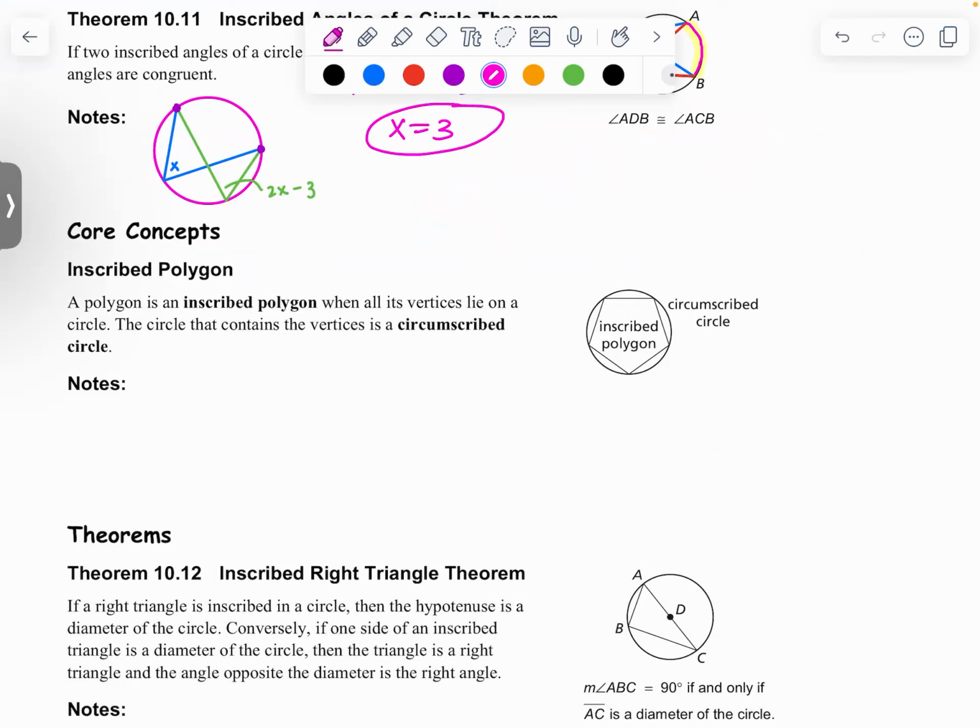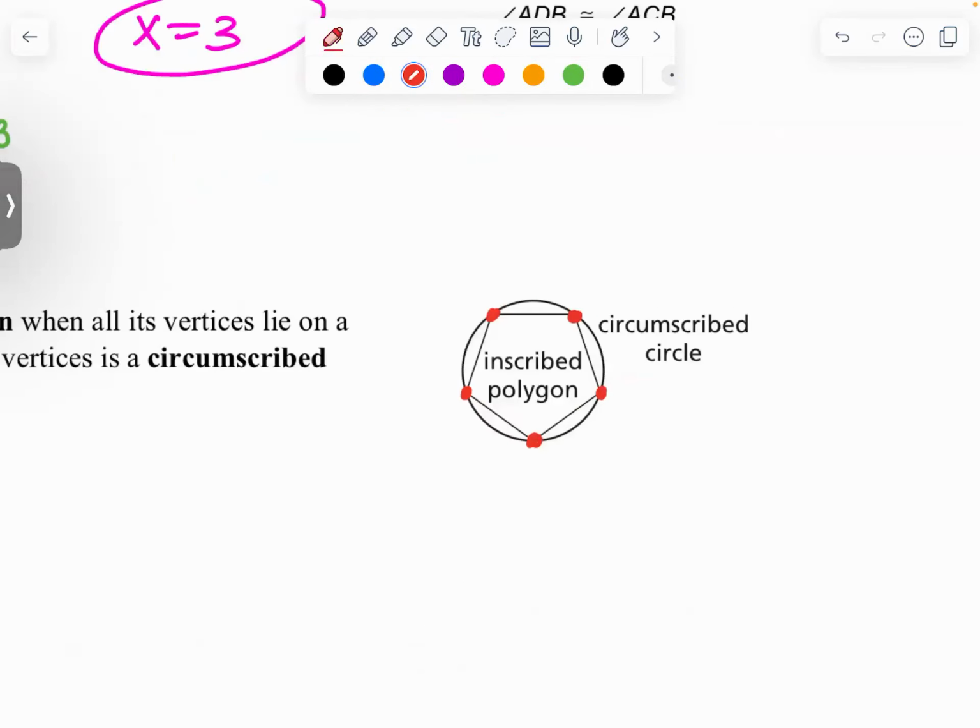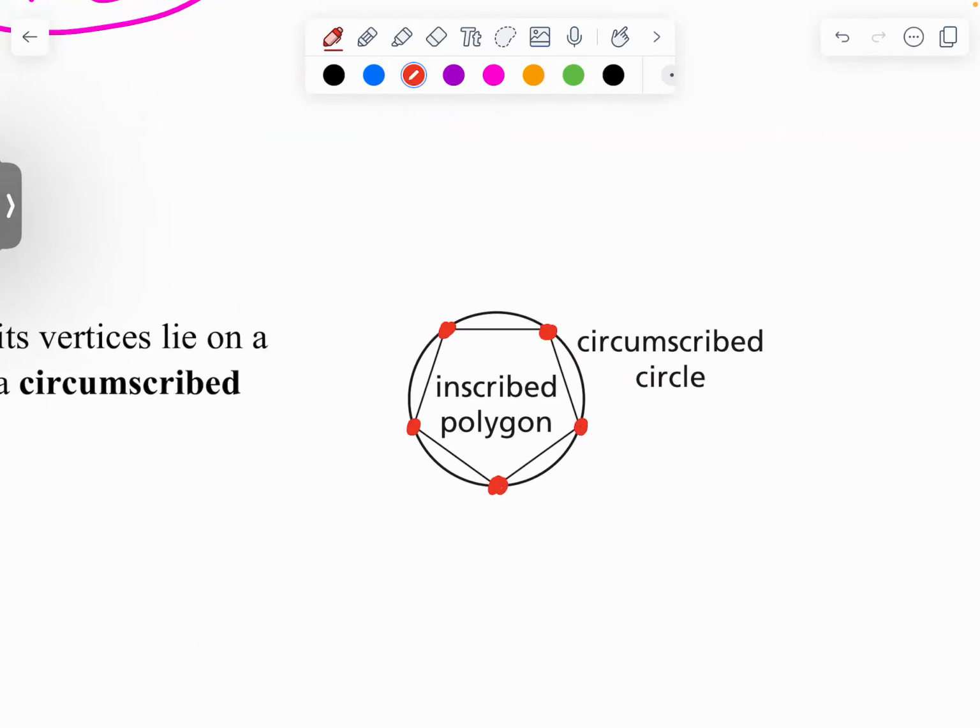All right, let's talk about some vocabulary words. If we have a polygon inside of our circle where all the corners of our polygon lie on the circle, then we call that an inscribed polygon, because the polygon is inside of our circle, but on the edge, okay?